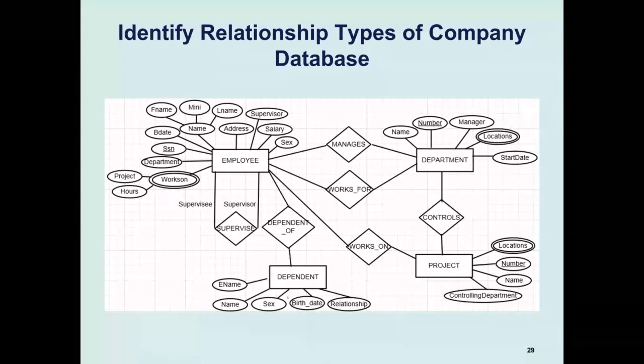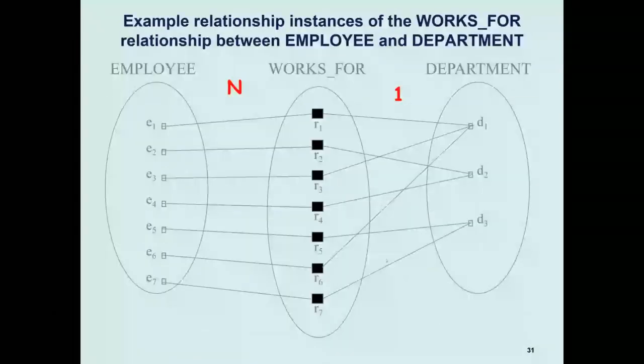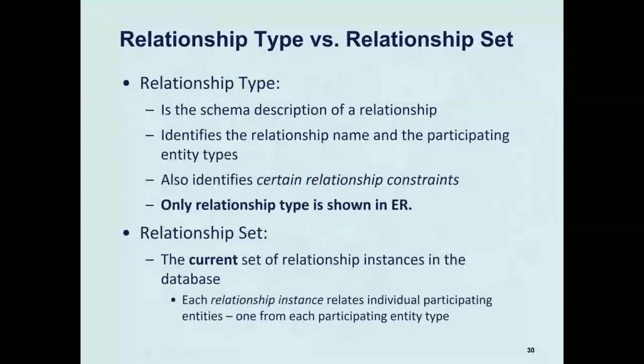Okay, so what else? I think that's pretty much what we're going to discuss. Then I want to add one more: relationship types versus relationship set. A relationship type is only used to model in the ER diagram.